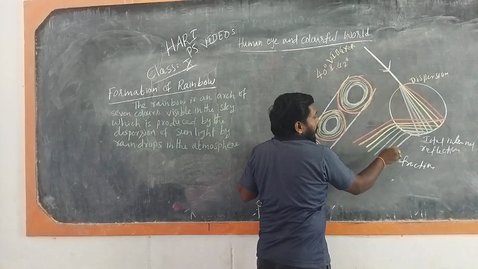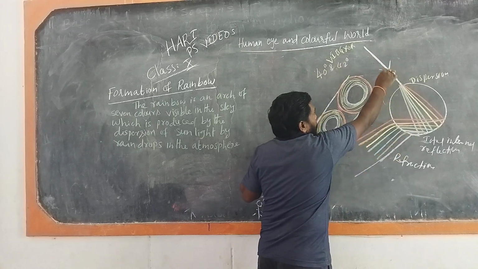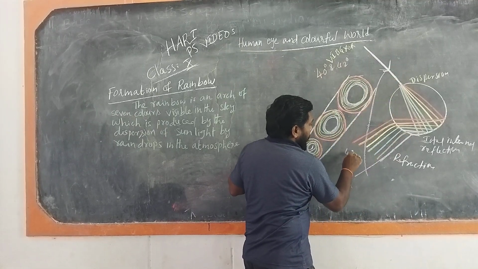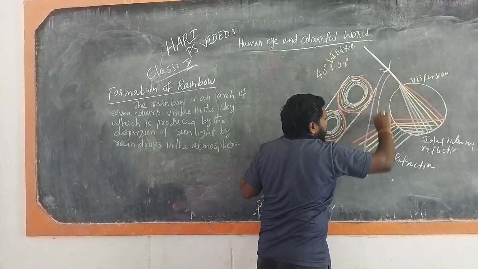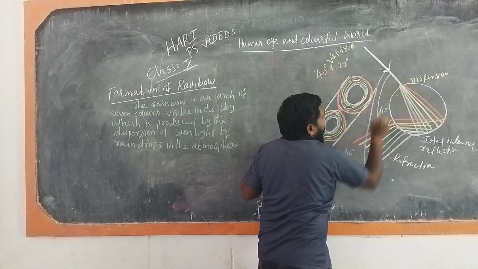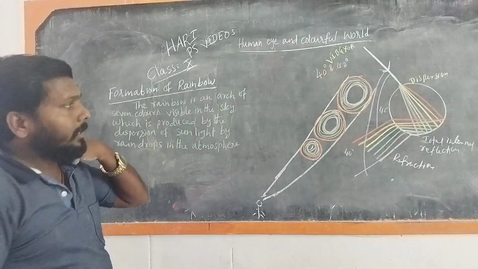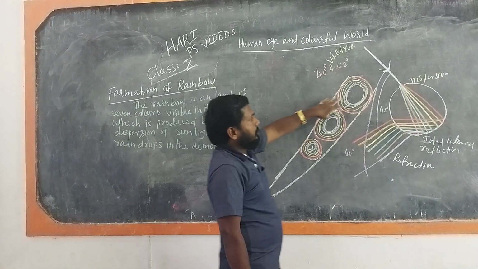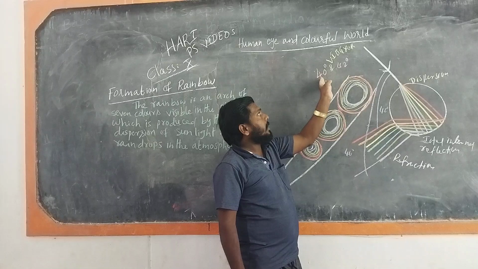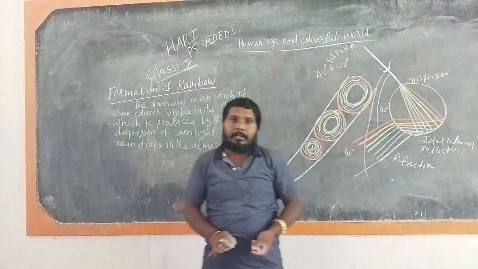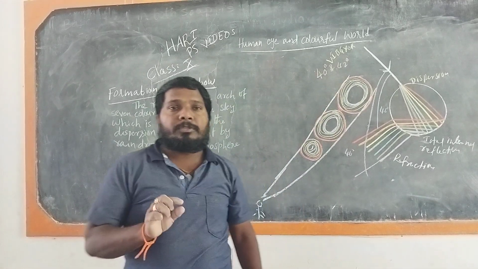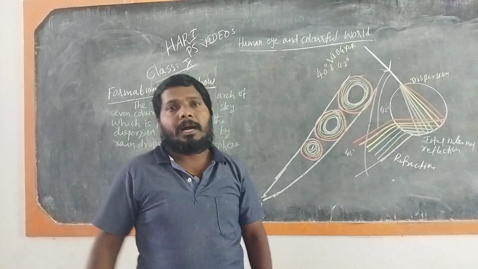The violet is at 40 degrees, and the red is at 42 degrees. So when we observe between 40 and 42 degrees, we are able to see the remaining colors in the rainbow.